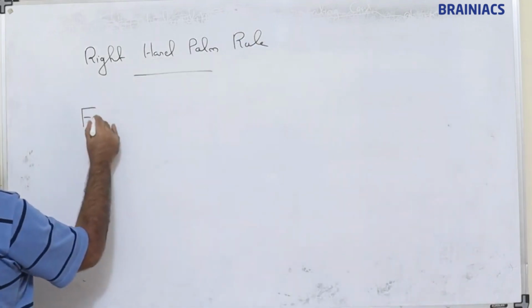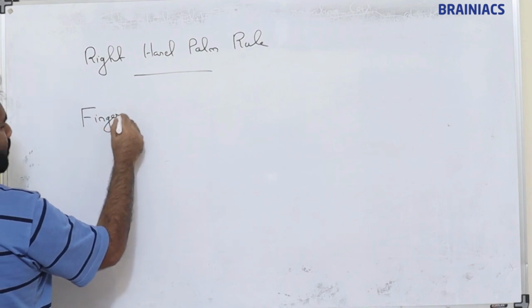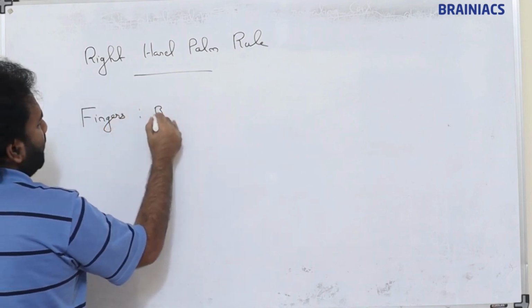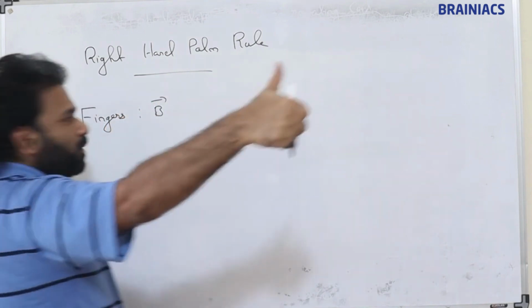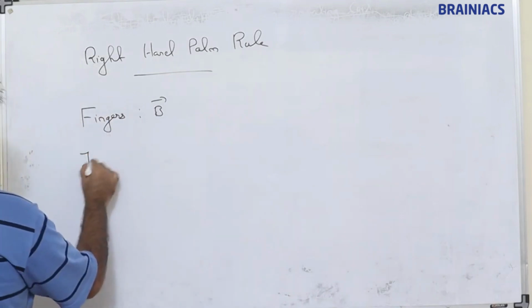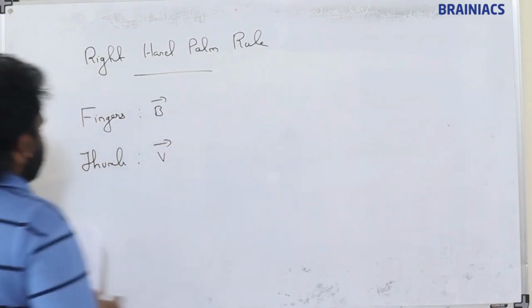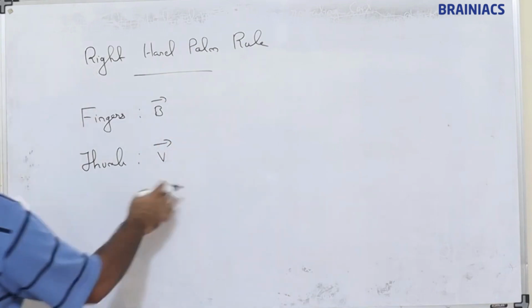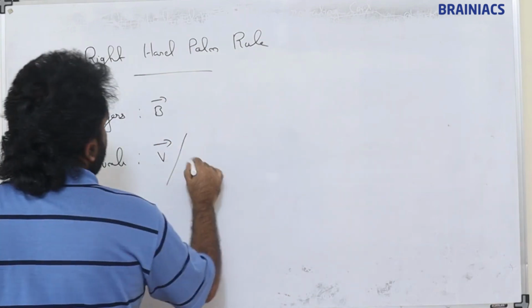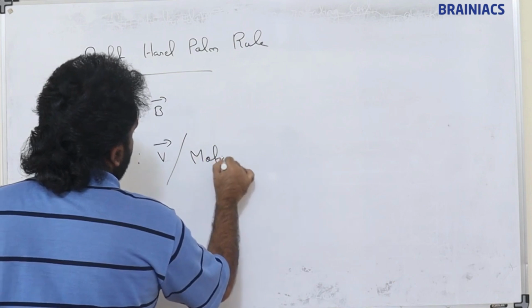The thumb gives the direction of motion or velocity.